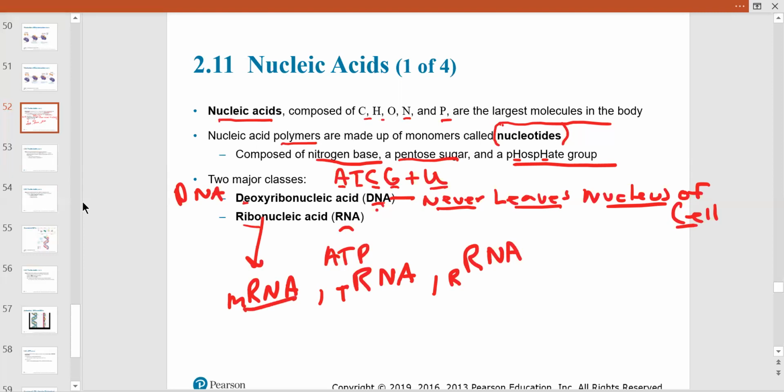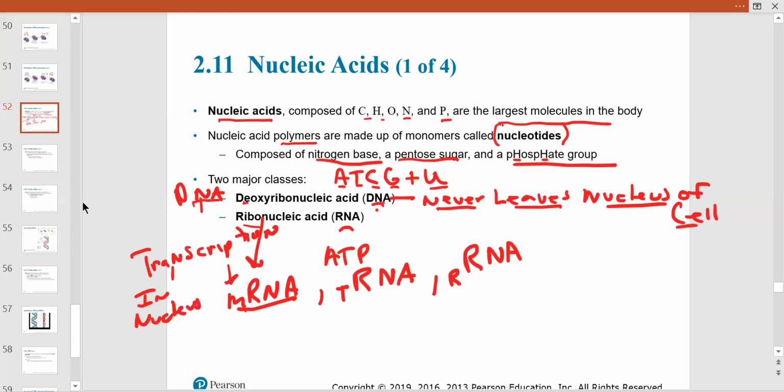It's a messenger. It takes the code from DNA and leaves the nucleus with it. So going from DNA to messenger RNA is called transcription, and that happens in the nucleus. Again, that's in the nucleus.